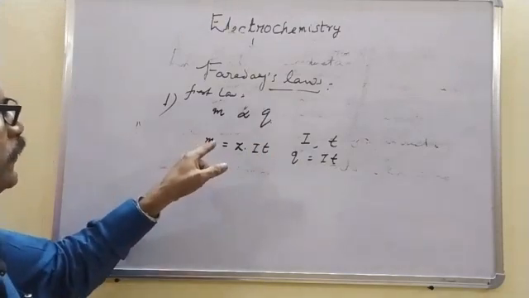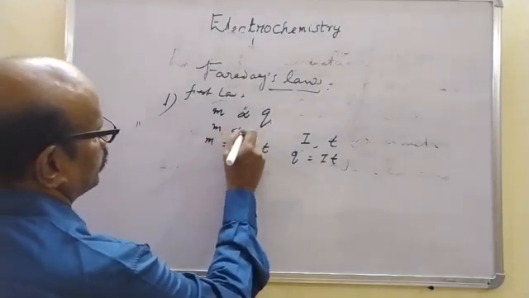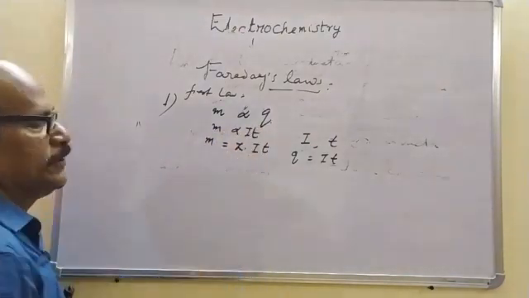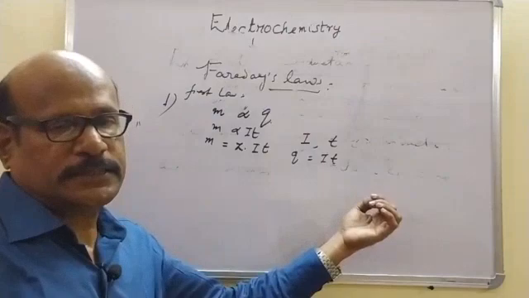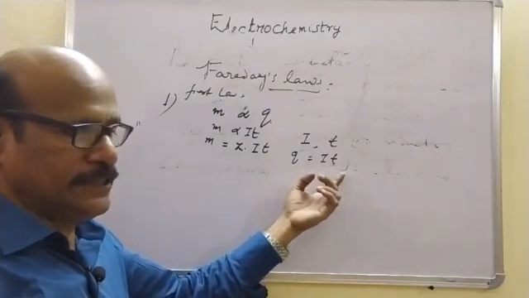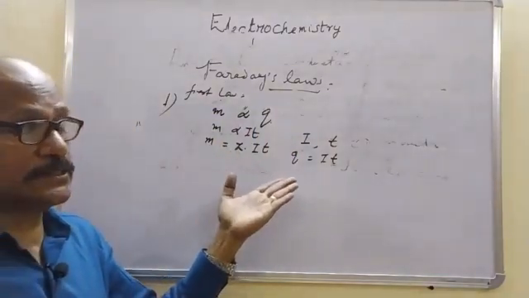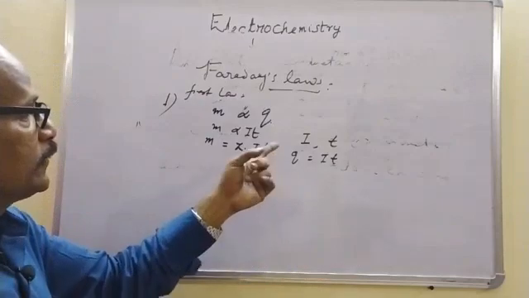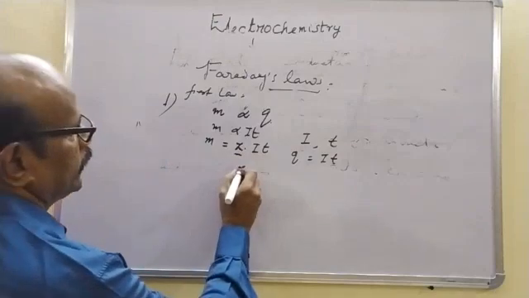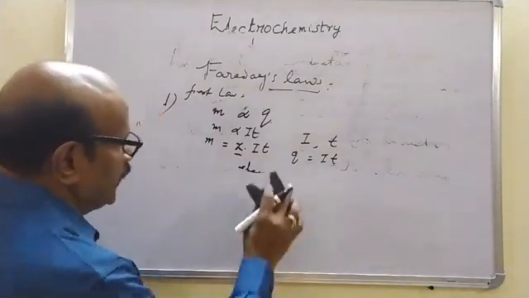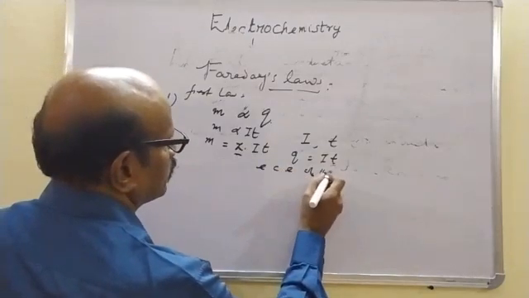So in the first law of electrolysis, we can say M is proportional to Q, or M is proportional to It, or M is equal to Z into It, where I is the strength of the current passing for a time t, in seconds or minutes, through an electrolyte solution, and It is the quantity of electricity Q in coulombs. And Z is called the electrochemical equivalent, ECE, the characteristic constant of the substance.